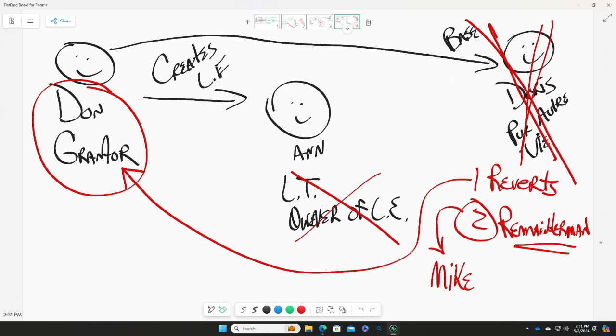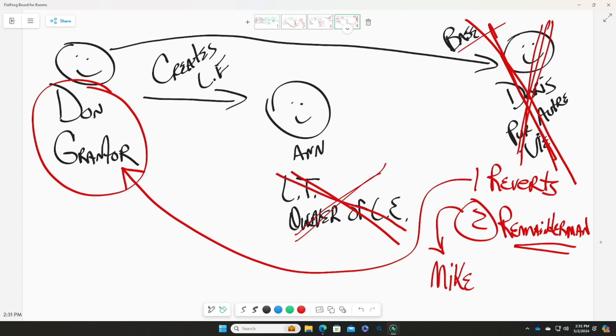You understand that? So pur autre vie, it's just based on the life of another. But in this example, Anne's still alive. Her mom died, Doris, and once Doris dies, the life estate ends.